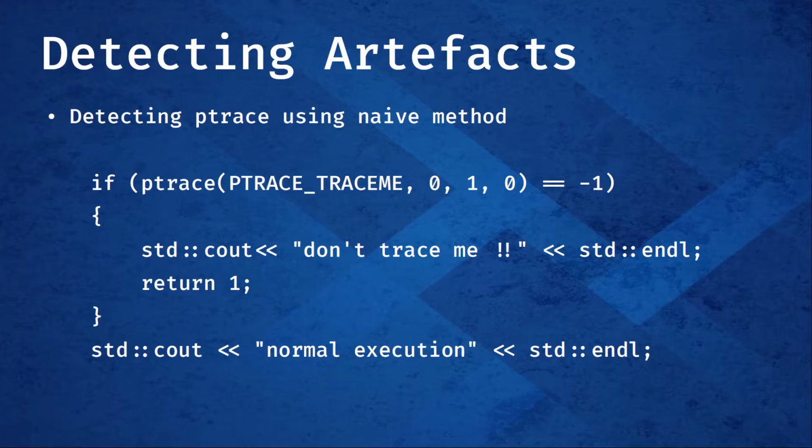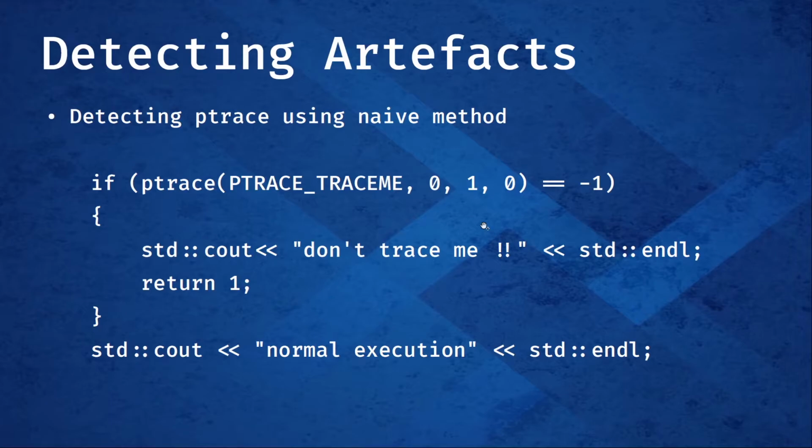You use the ptrace call to attach to your own process as a debugger. And the thing is that only one process is allowed to attach to a process at any given time, as in no two different processes can attach to the same target process at the same time. So if this particular call fails, that means that some other process has already attached to our own process.